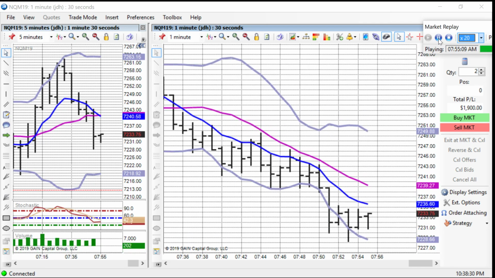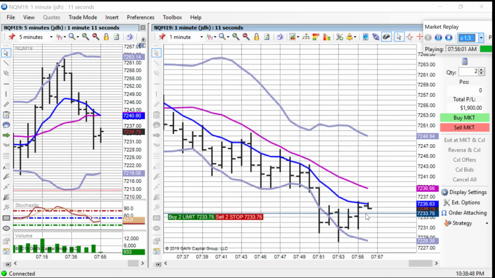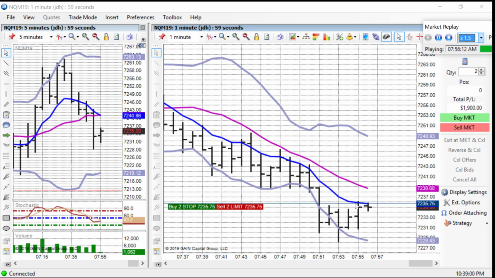Okay, looks like it's trying to make a. There we go. There's the new P3 point. I don't like it when P3 points are equal.